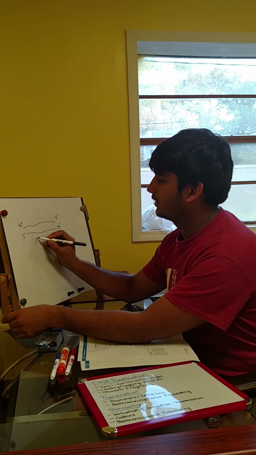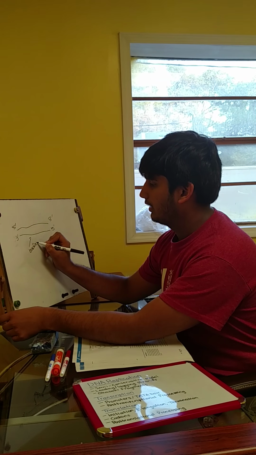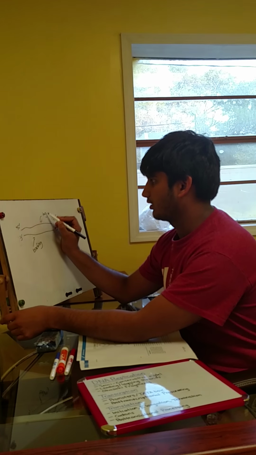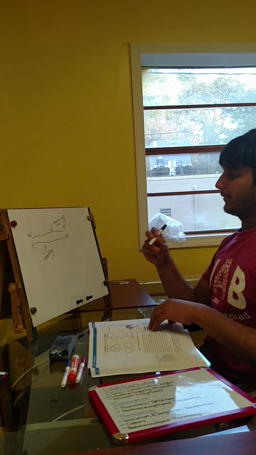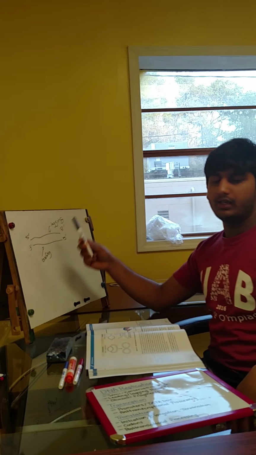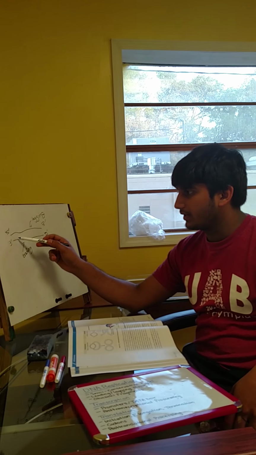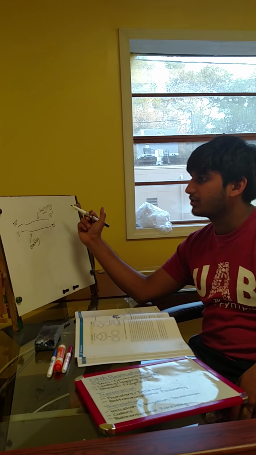So this is going to be your leading strand, and this over here is going to be your lagging strand. And I will explain why it is your leading and lagging. So it's called leading because it's continuous. Once you have your RNA primer set down here, DNA polymerase can just continuously add bases.